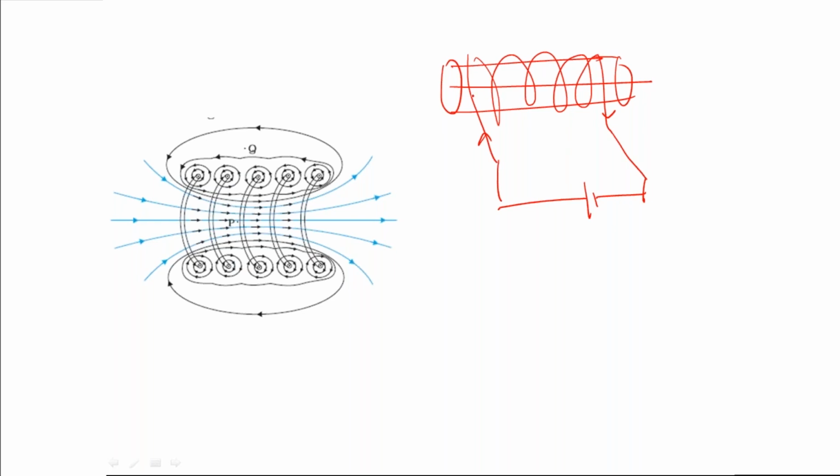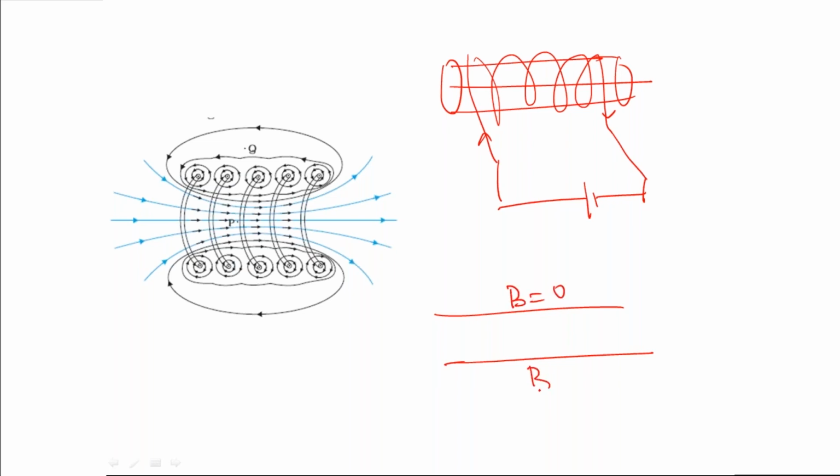But how do you say the magnetic field is created only along the axis? Suppose this is the solenoid, in cross-sectional view. What is the magnetic field outside the solenoid? For an infinite or long solenoid, B is actually 0 outside, on both sides.